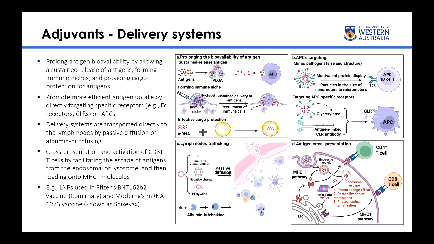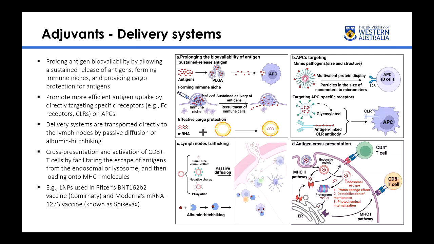So there is more investigation on where they go. But obviously lymph node trafficking is a good thing. They can go via passive diffusion because they can stimulate cells there. They can do cross-presentation in dendritic cells, so uptake by MHC class 2 and then cross-presenting in MHC class 1 molecules and therefore activating CD8 T cells.